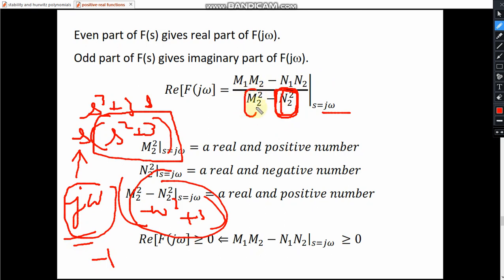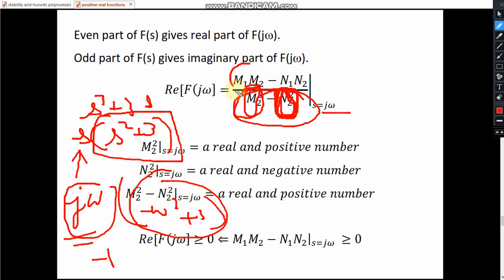This is always a positive quantity. m2 is always a real number. A square of a real number is a positive real number. Sorry, n2 is an imaginary number. So n2 square will always come out to be a negative real number. So a positive real number minus a negative real number will come out to be a positive real number.